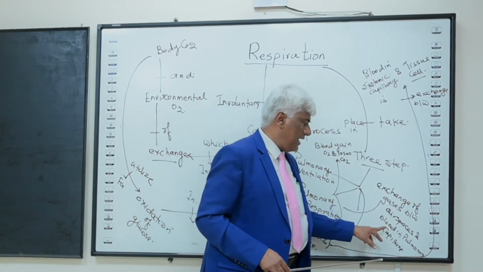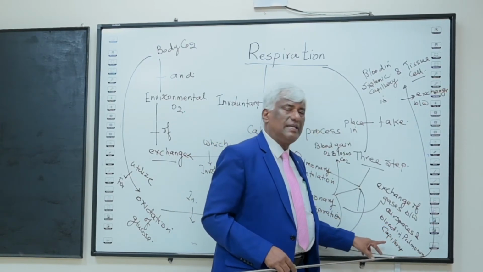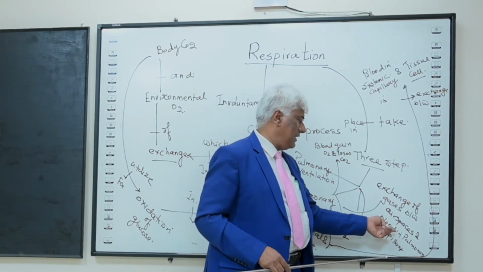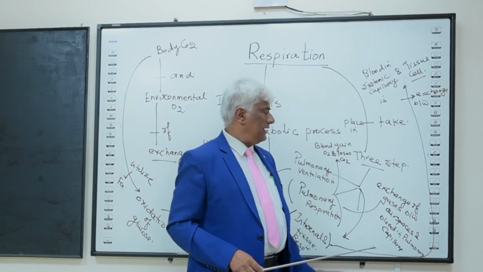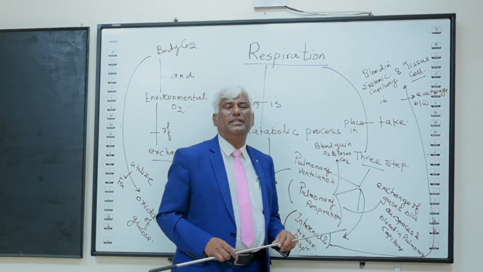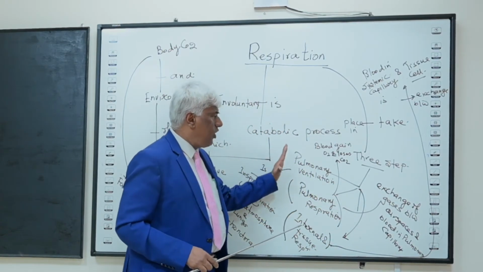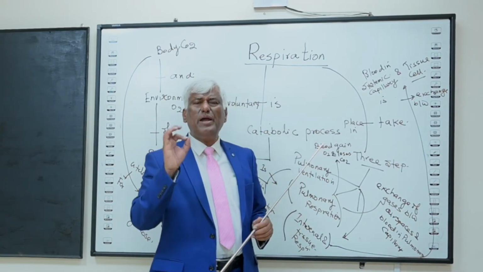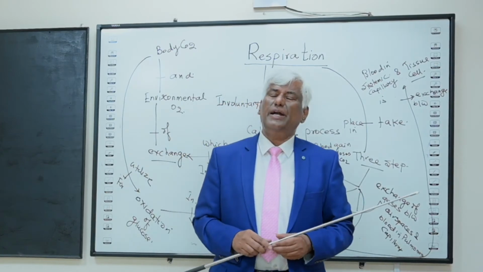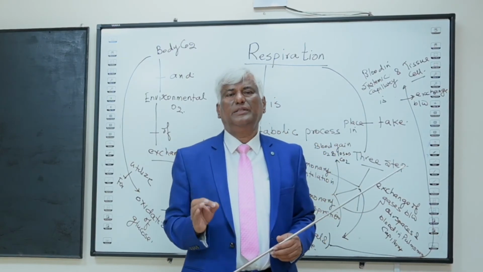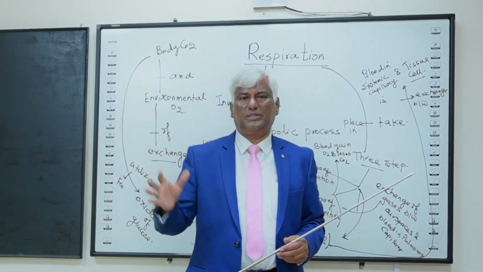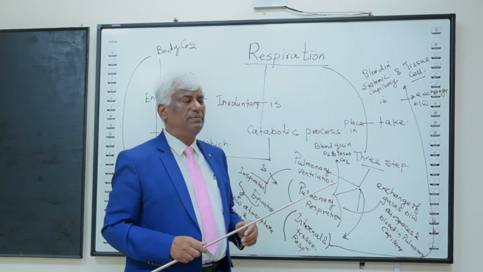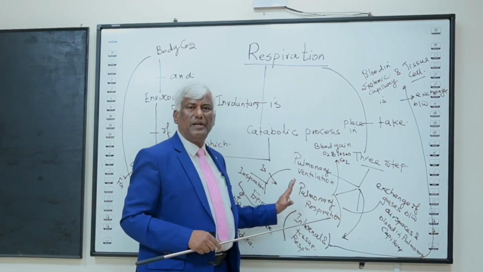So this is what we call pulmonary respiration. And the movement of oxygen and the movement of carbon dioxide are dependent upon partial pressures.